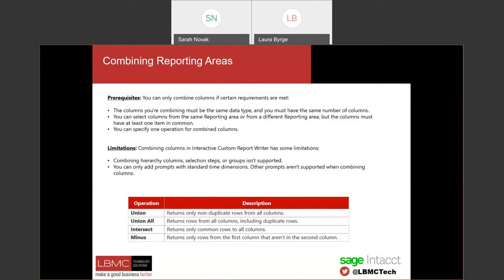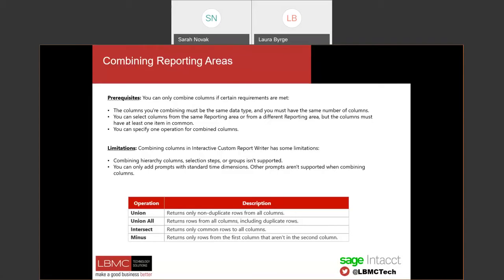Like I said before, you can select the columns from the same reporting area or from different reporting areas, such as cross modules. But the columns must have at least one item in common for those two data tables to be linked together. There are a few limitations when using different modules.